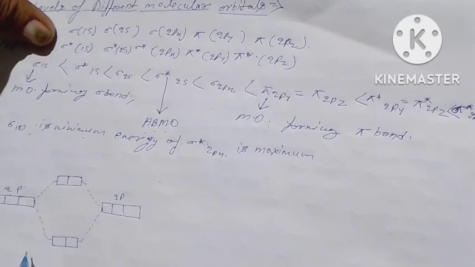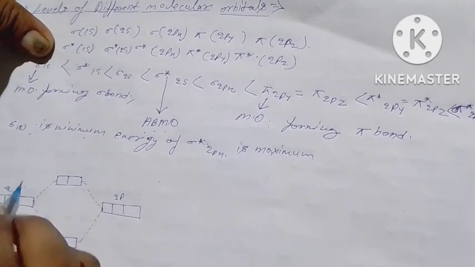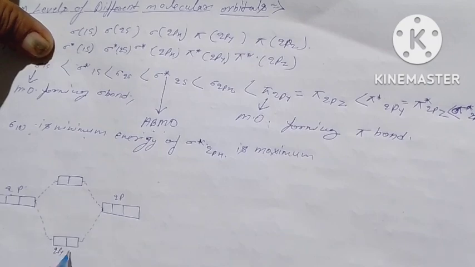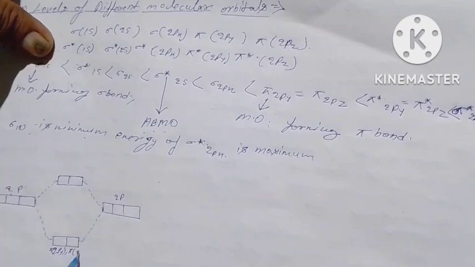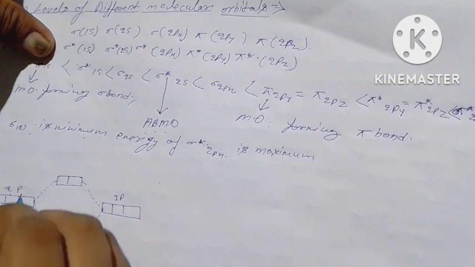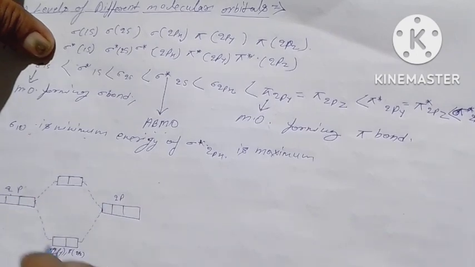This is pi 2py, and this is pi 2pz, and this is BMO, bonding molecular orbitals.